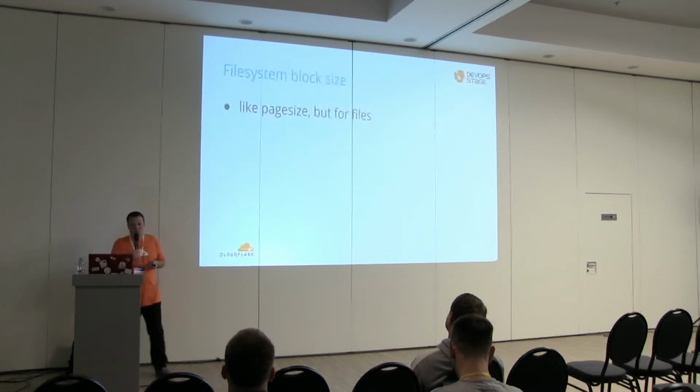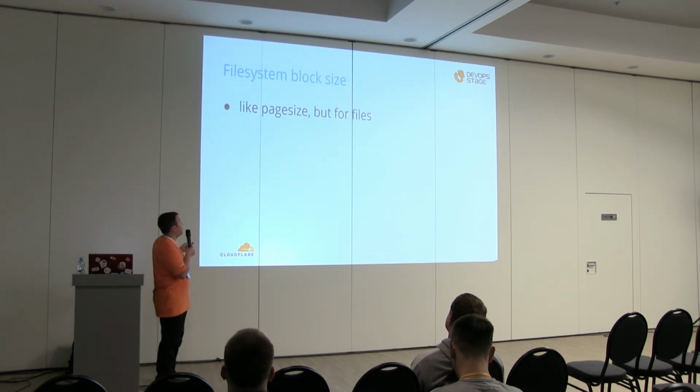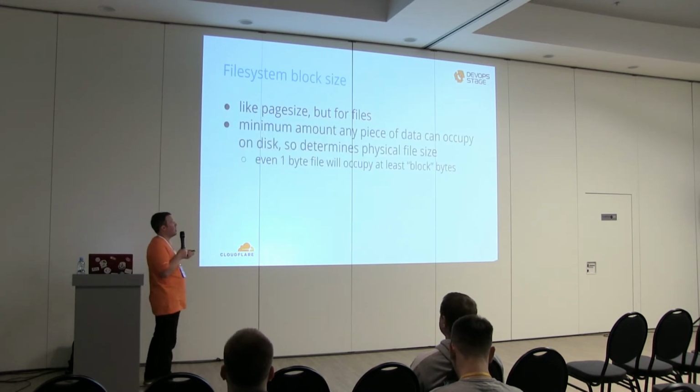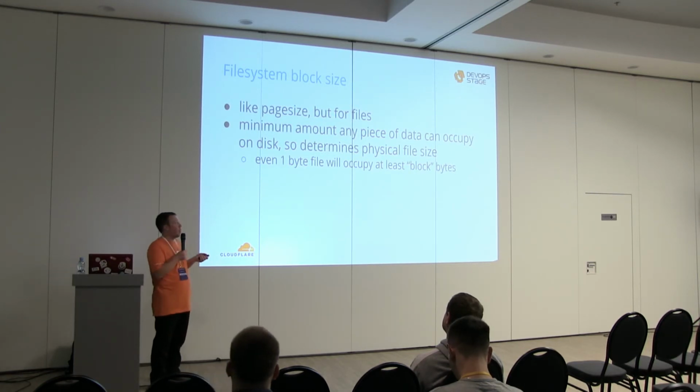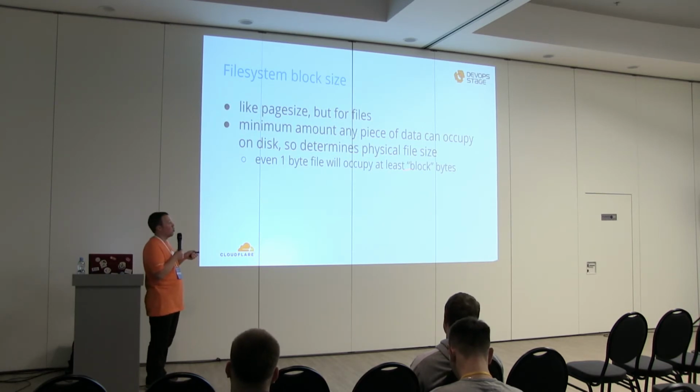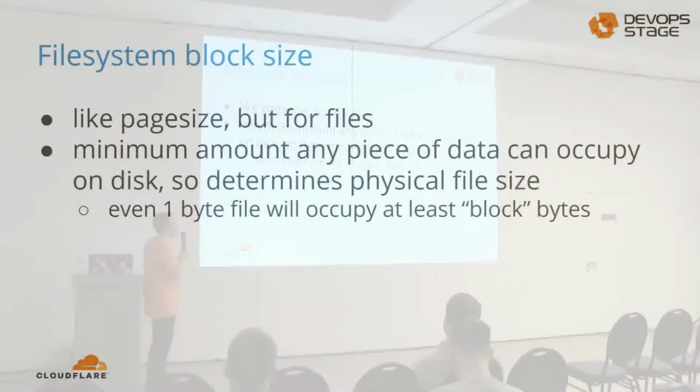Next is file system block size. It's like page size, but for files. It's the minimum amount any piece of data can occupy on your file system. For example, if you create a 1-byte file, because file systems are usually located on block devices, your 1-byte file will still occupy that block size in bytes. This is usually called the physical file size, and the other is called the logical file size.